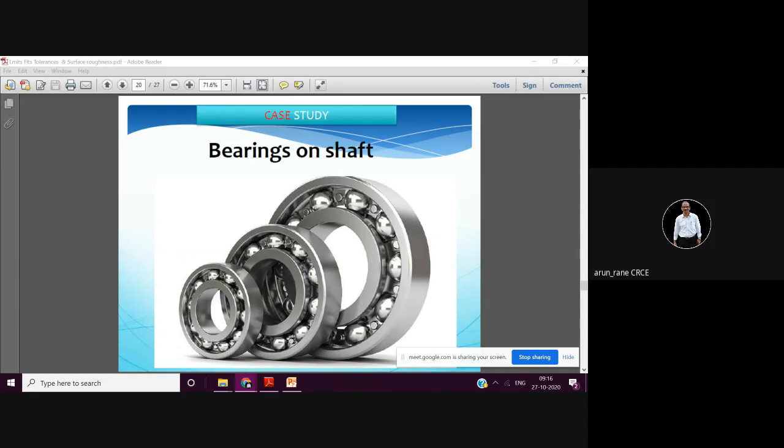After some time, once the shaft gets worn out, it will not rotate properly. It will be a wobbly kind of motion. That means you will have to rectify the shaft or order a new shaft. It may work for one day, it may work for 2 days, but it will definitely not work for 1 year. It's going to spoil in 15 days.